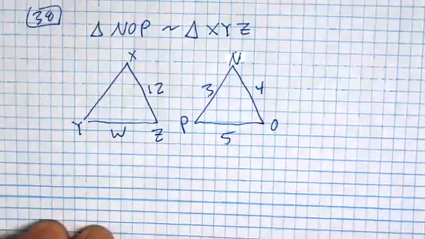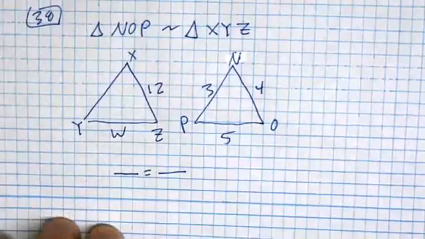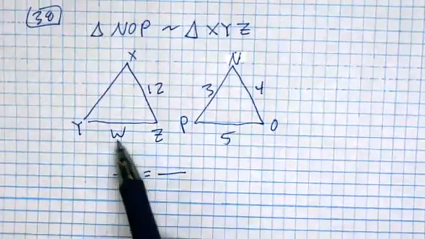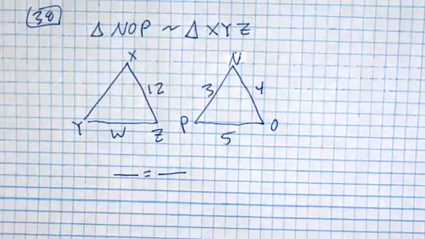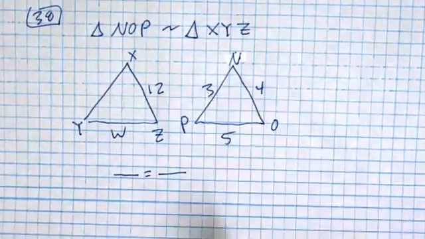We need to write an equation that has two fractions in it. And we're solving for W here, so we've got to get W into our equation someplace. The question is, does W match up with the 3 or the 4 or the 5?